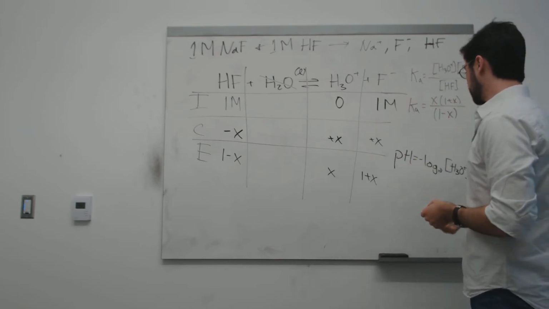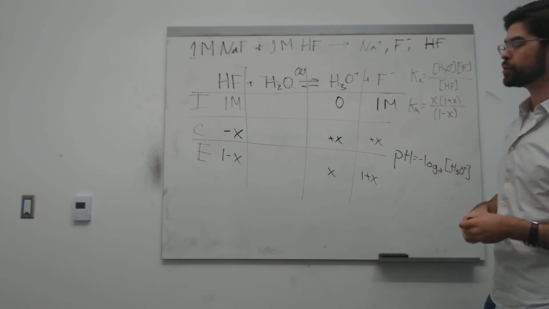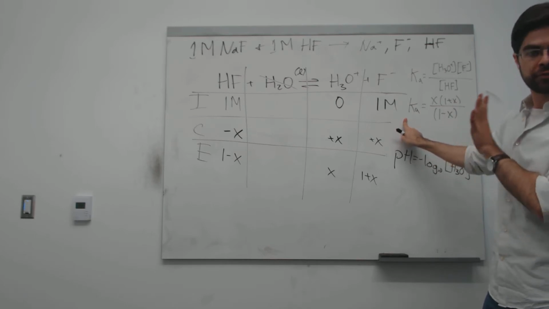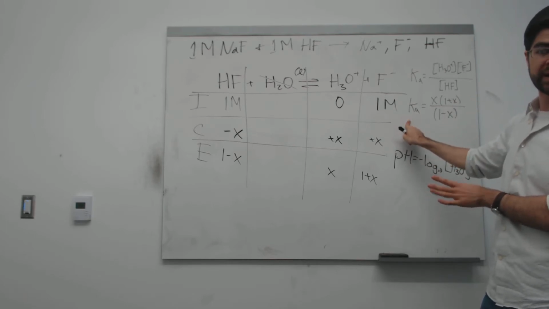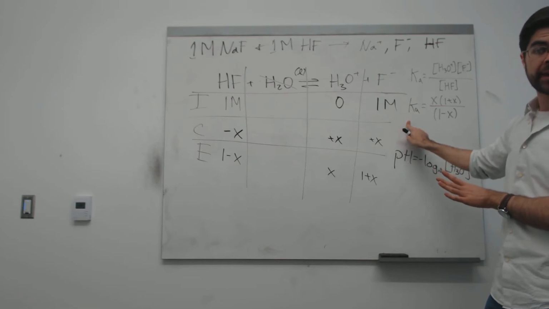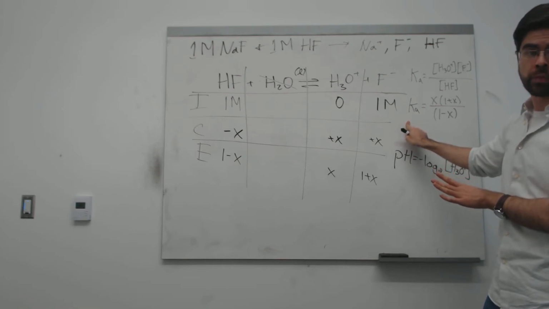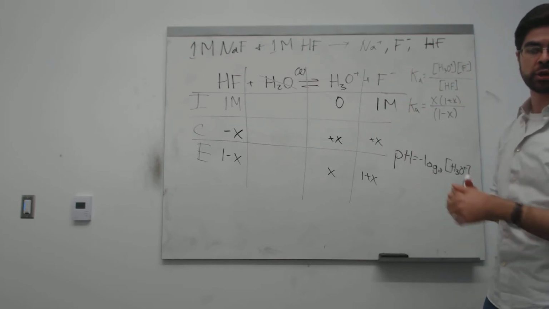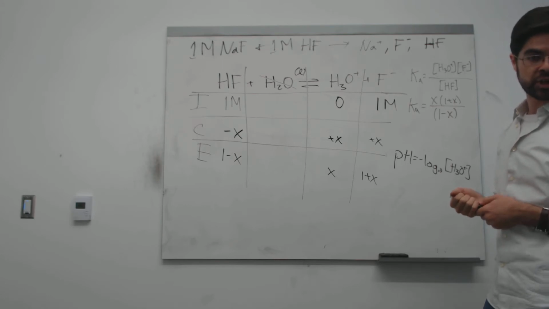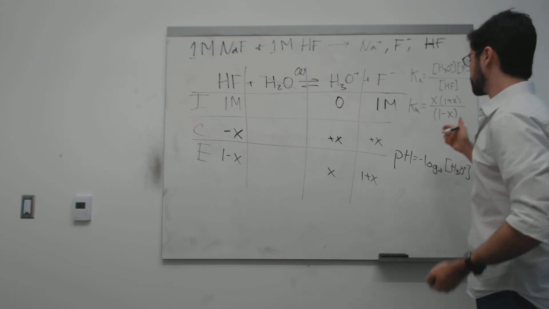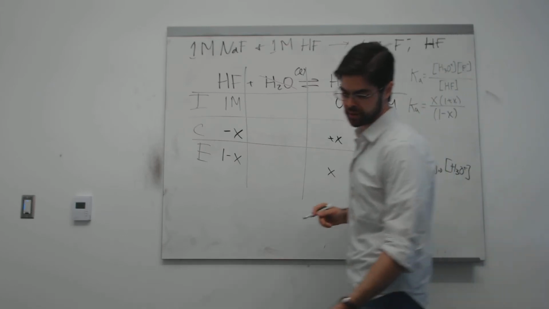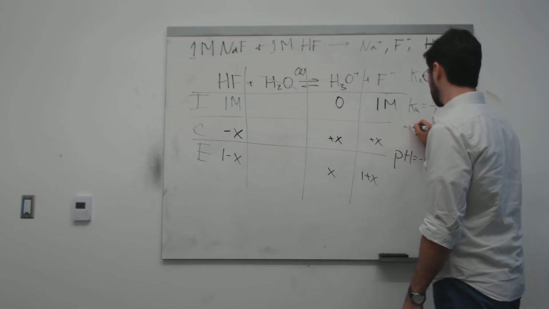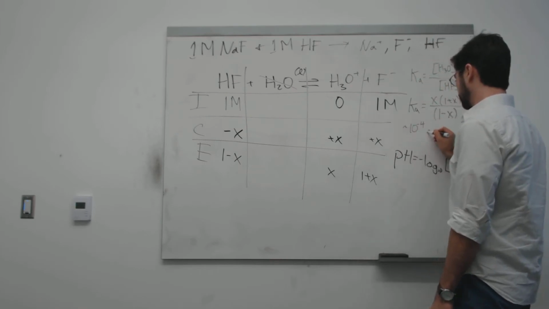So for HF, to complete this calculation, you do need to know an actual value for Ka. I'm not going to completely calculate this, but if you were going to, you would need that value. And for HF, it's pretty small. I mean, it's not negligibly small. The reaction does go forward, but it doesn't go very far forward. The equilibrium constant here, I believe, is, oh goodness, did I have this in my notes somewhere? I'll give you the order of magnitude. Order of magnitude is around 10 to the negative 4.